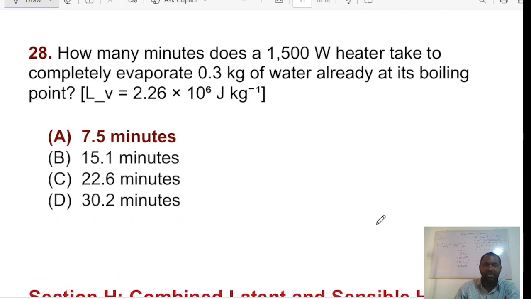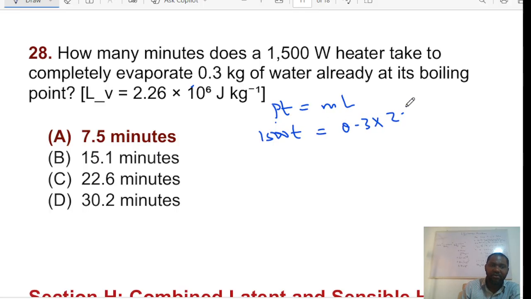Then the last question here says, how many minutes does a 1500 watt heater take to completely evaporate 0.3 kilogram of water already at its boiling point? Power times time is equal to ml as usual. The power here is 1500, we want to find time, the mass here is 0.3, and latent heat is 2.26 times 10 raised to the power 6.